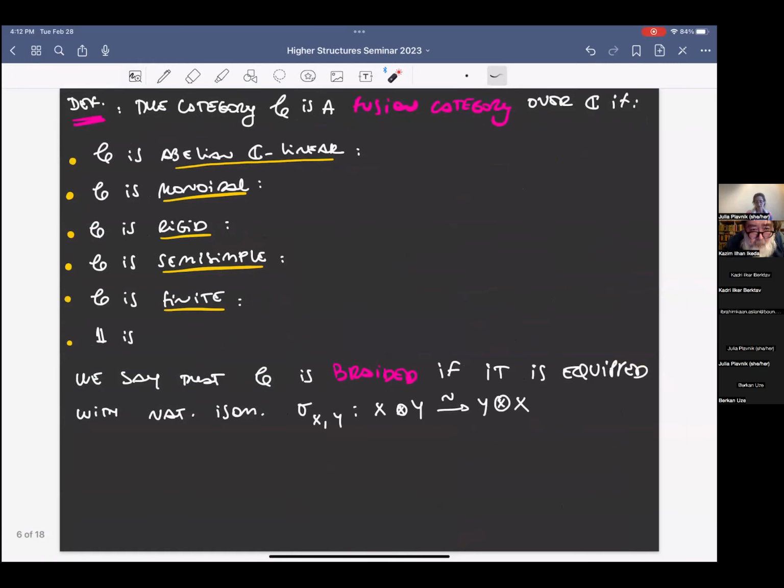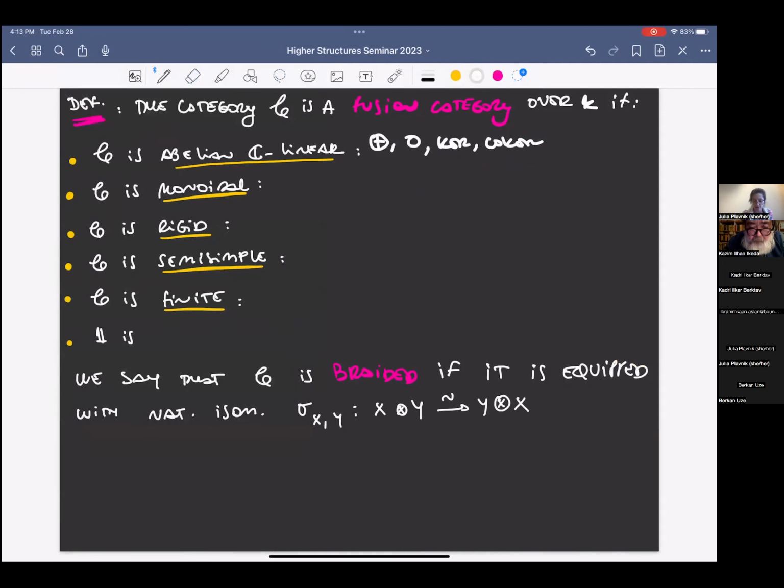So now maybe let me tell you what a fusion category over a field is. And what I'm doing is just repeating the same things that we said before for Rep G, but now in a more abstract way. So the first structure that I will ask for is that my category is abelian. So I want to have direct sums, kernels of morphisms, cokernels, a zero object. Basically, what I want is to be able to have exact sequences in my category.